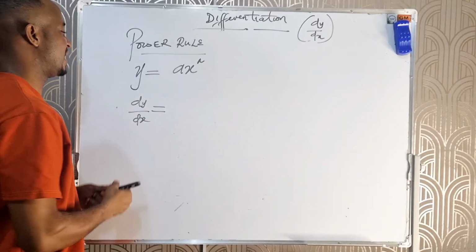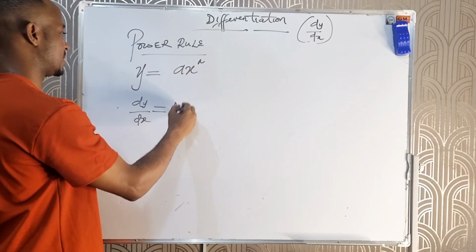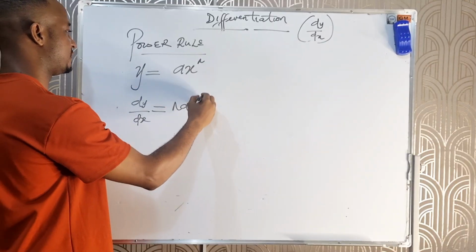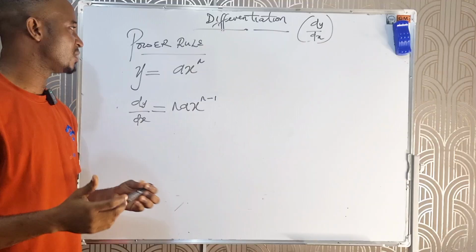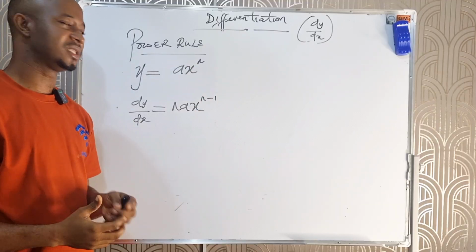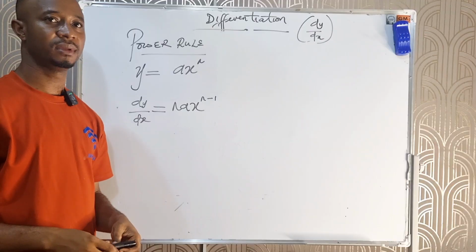So dy/dx becomes n a x to the power of n minus 1. This is what the power rule is saying: just multiply the power with the coefficient of x, then subtract 1 from the power.